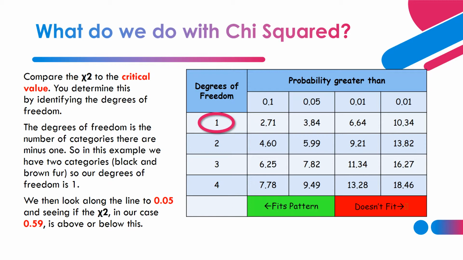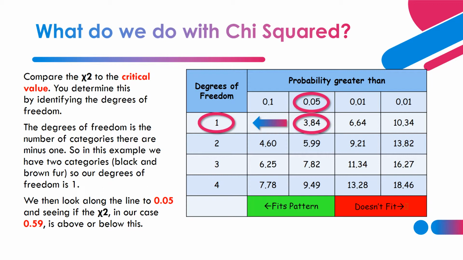Now in terms of our probability, the critical value that we use in biology is 0.05. Now we have our chi-squared, which is 0.59. We need to go and follow our table down from the critical value and along from our degrees of freedom. This gives us 3.84.